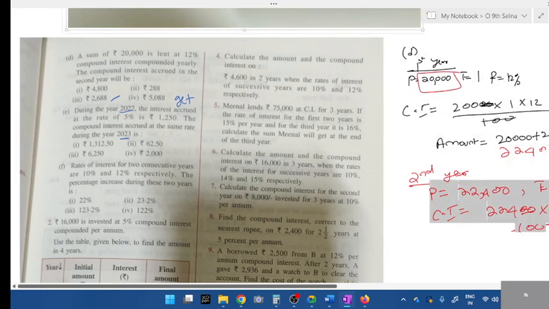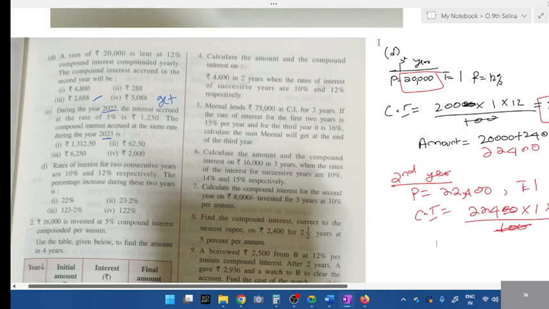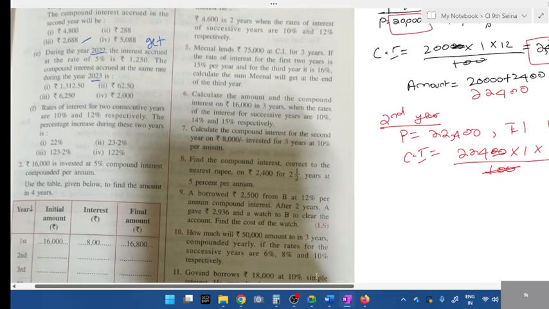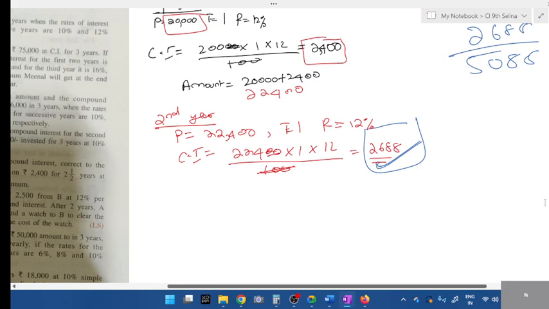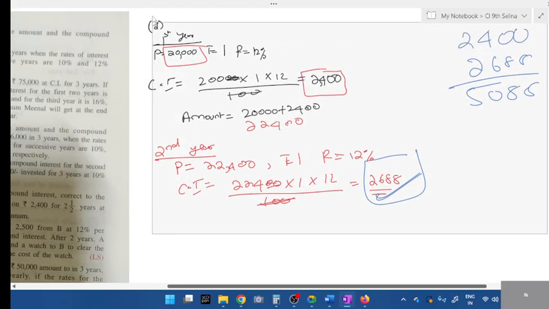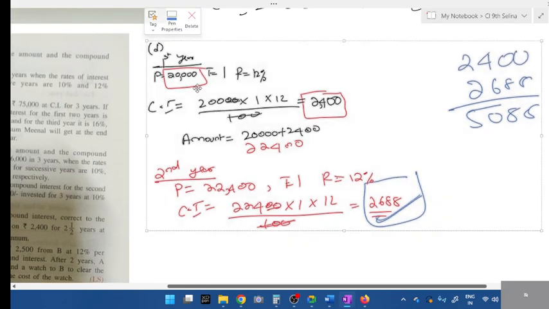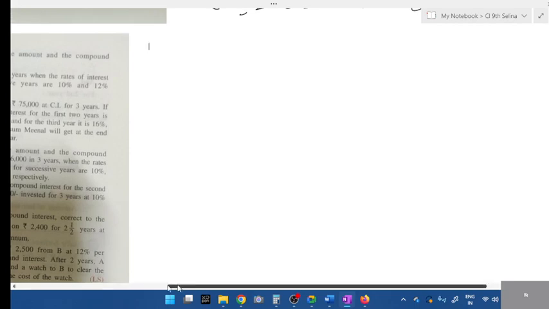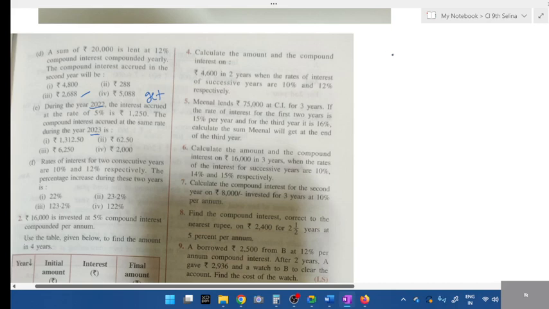So which years we need to find, students? Which years we need to calculate? Okay, tell me, in 2022, right? In 2022, what is the rate?